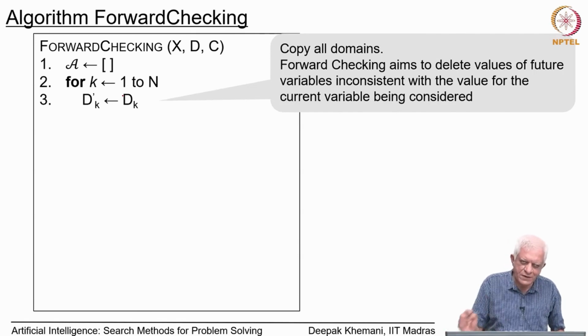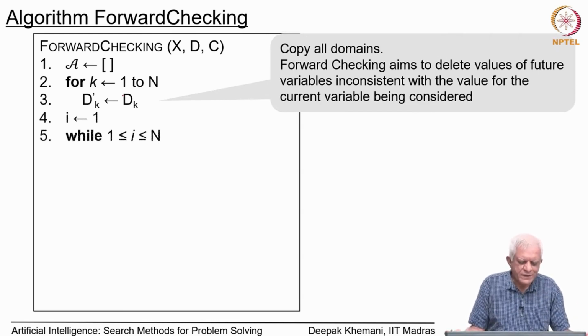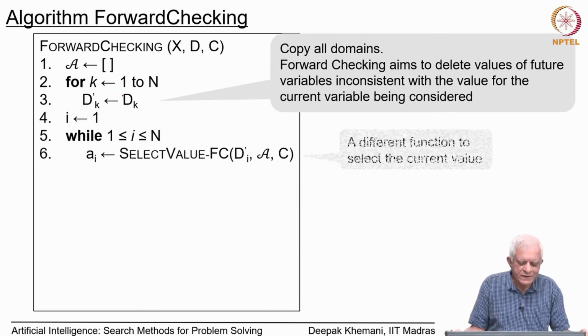So, we start off by making copies of all the variables, and then we proceed almost like the backtracking algorithm, that we look at the variables one by one, and we call a different select value function, which is designed for forward checking.